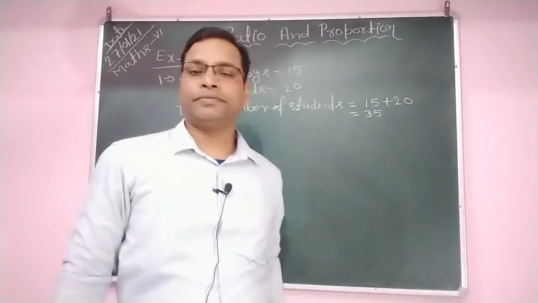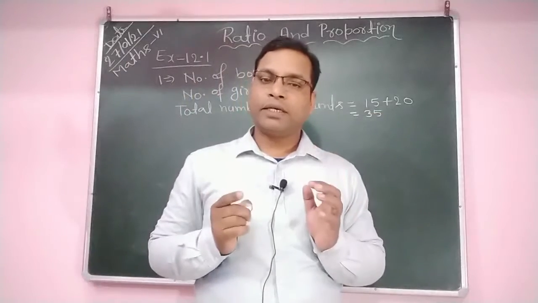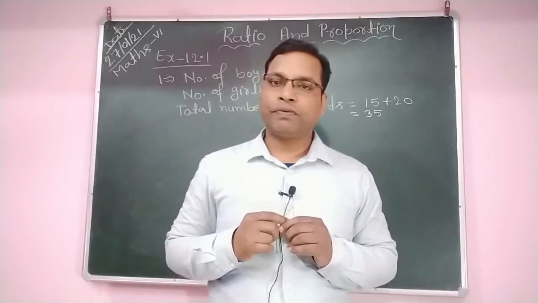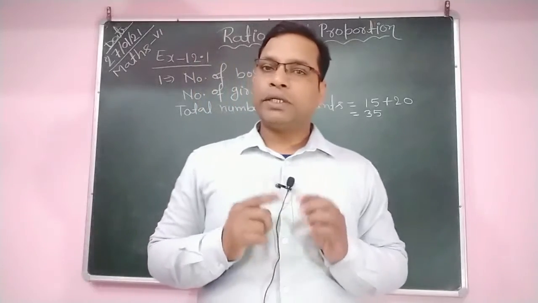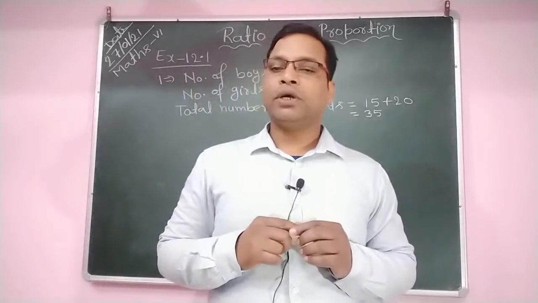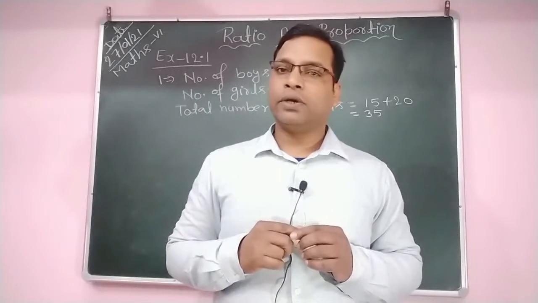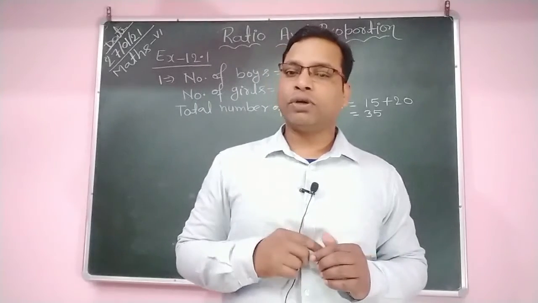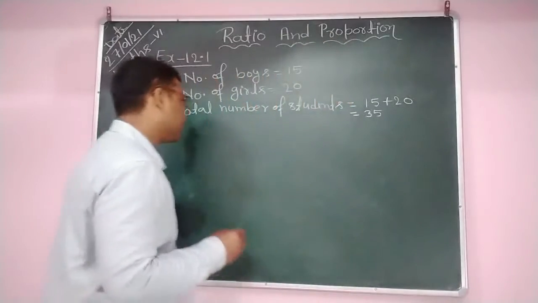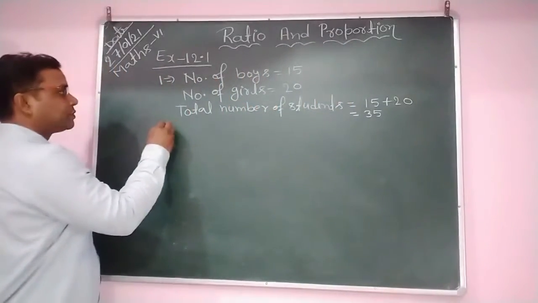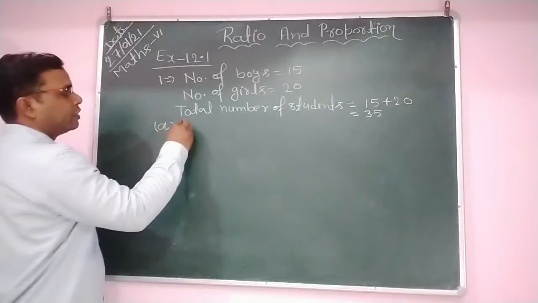Okay, now the first part of this question: we need to find the ratio of the number of girls to the number of boys. So first we find the ratio of the number of girls to the number of boys. Let's see, this is the A part of this question.